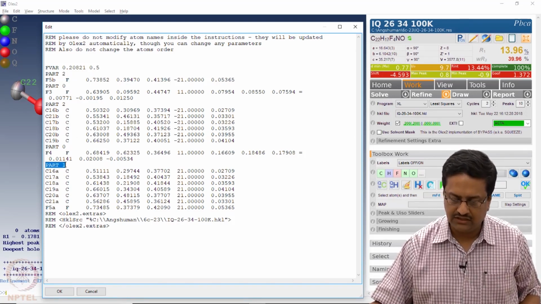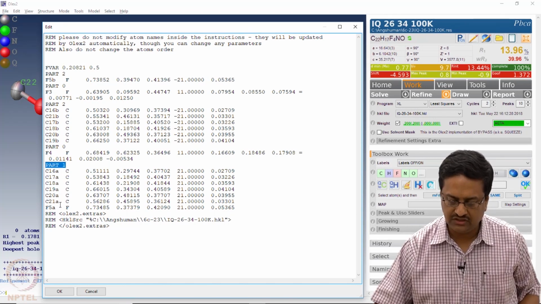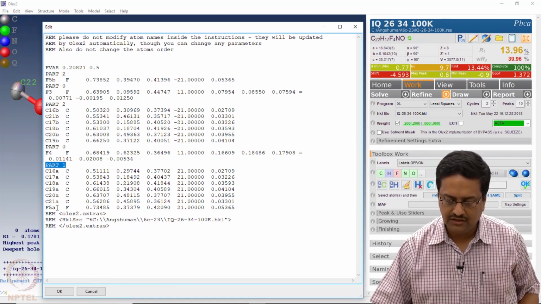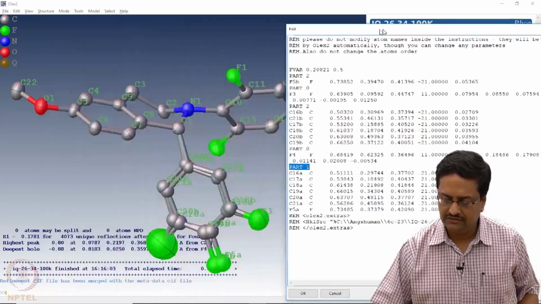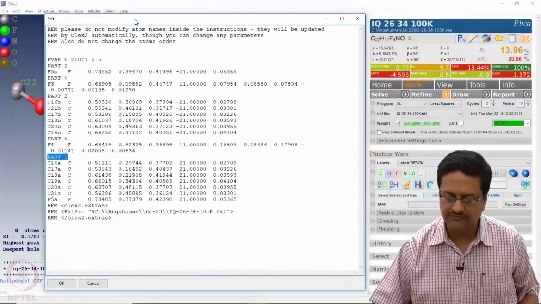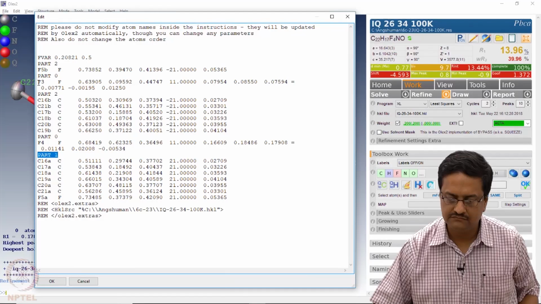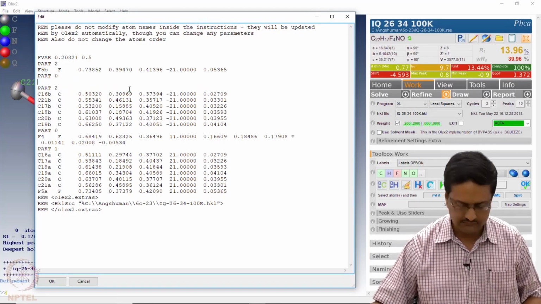So this is part 1 which has 16A to 21A, F1A, and along with F1A we should have the atom F3 as well, which is this one.